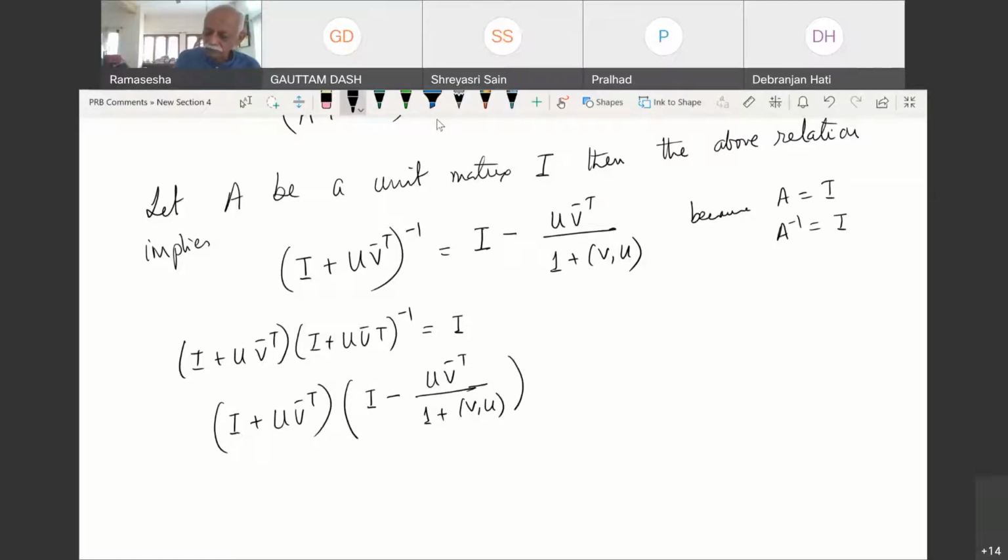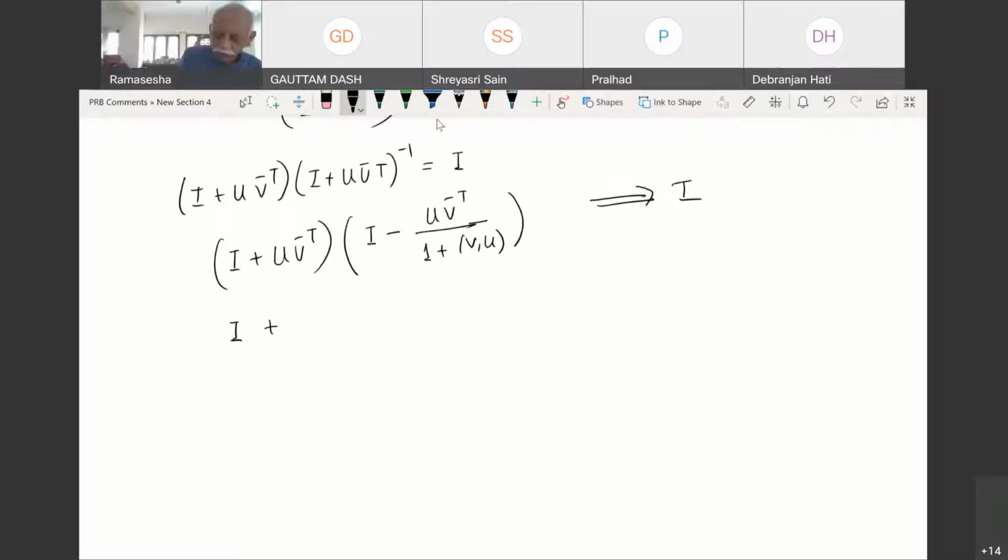This is what I need to show is equal to I. So I multiply I into I, then I into U V bar transpose is U V bar transpose, and the next one is minus I into U V bar transpose by 1 plus ⟨V, U⟩, the same thing, because I does not change anything.